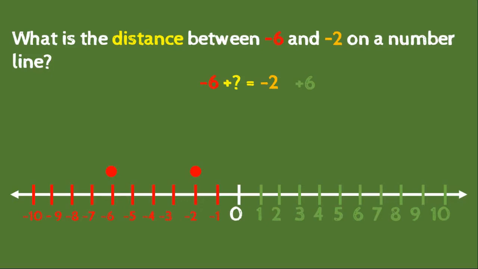So we have question mark equals 4. -2 plus 6 equals 4. And now we represent it on a number line to figure out that distance. From -6, we move on to -5, -4, -3, -2. And yes, there are 4 spaces between -6 and -2. The distance would be 4.